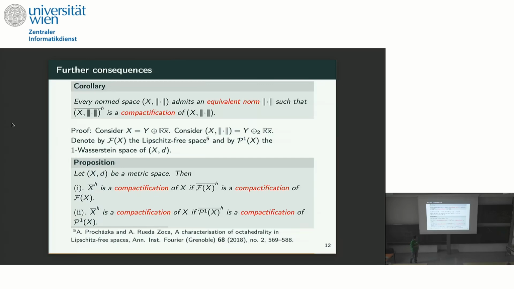If the Horofunction extension of the Lipschitz-free space is a compactification of it, or if the Horofunction extension of the Wasserstein one space is a compactification of the space, then we have the same property for the underlying metric space. Just to mention, the Wasserstein one space is the space of probabilities with finite first moment.